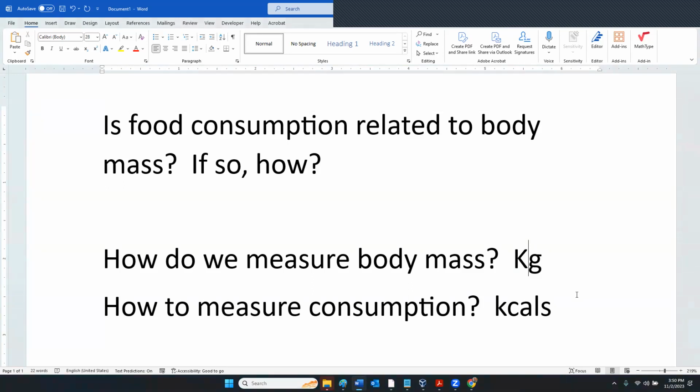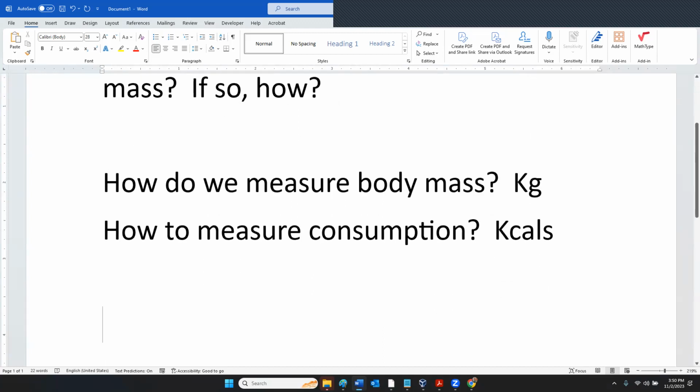Yes. I'm going to flip this. I'm making observations. I noticed that when people with large body masses are consuming food, they eat more food. Okay? As I observe people and the food they're consuming, and these are just observations, right? I notice that large people eat lots of food.